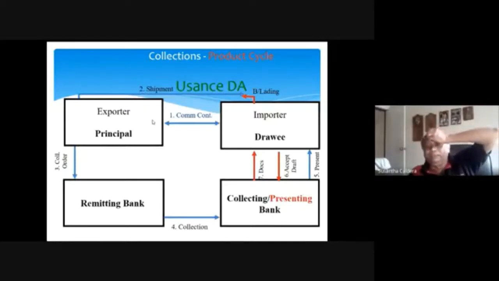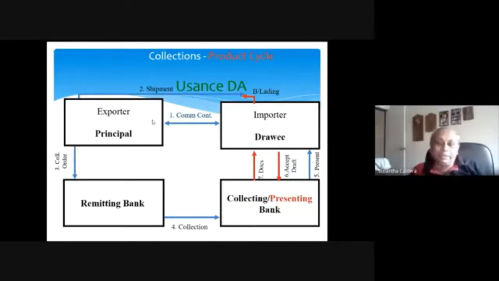They will accept the draft. Once they accept the draft, we release the documents against acceptance. We give the documents, number 7. Right? Up to now, it is clear.